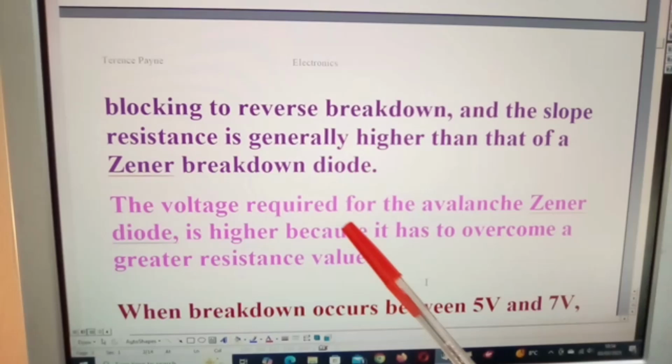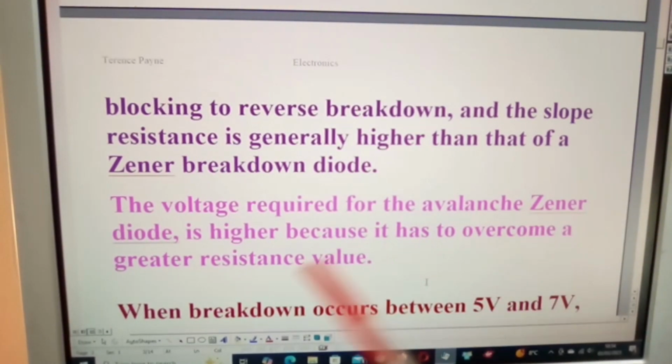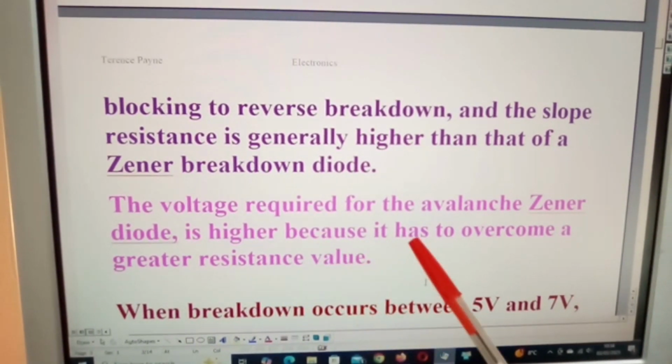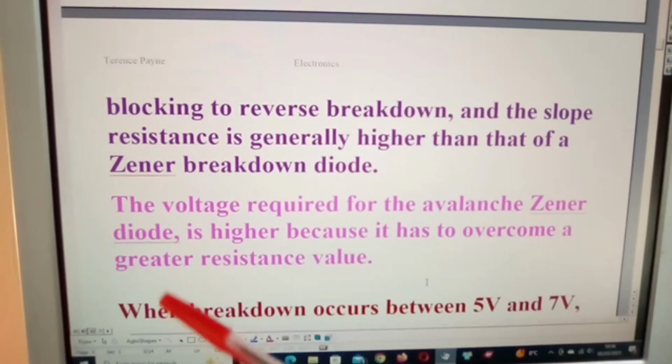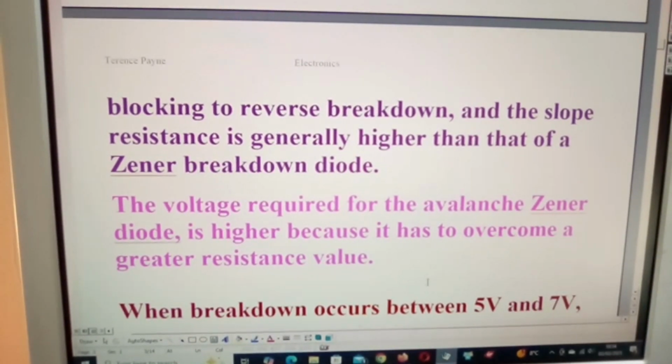The voltage required for the avalanche Zener diode is higher because it has to overcome a greater resistance value.